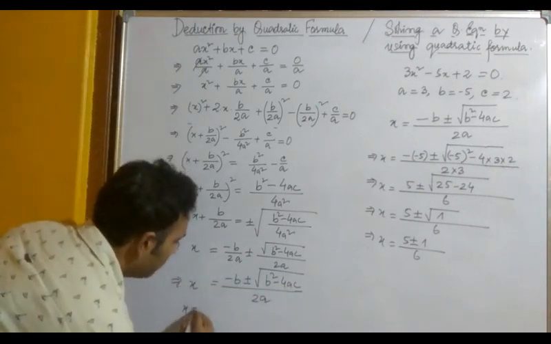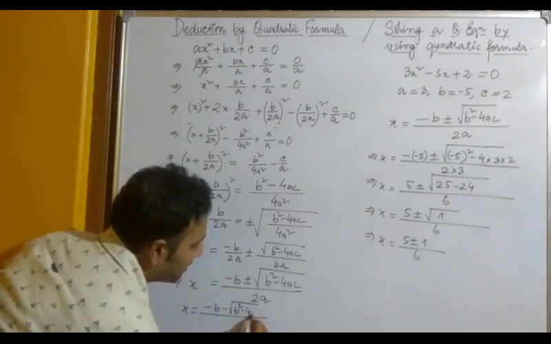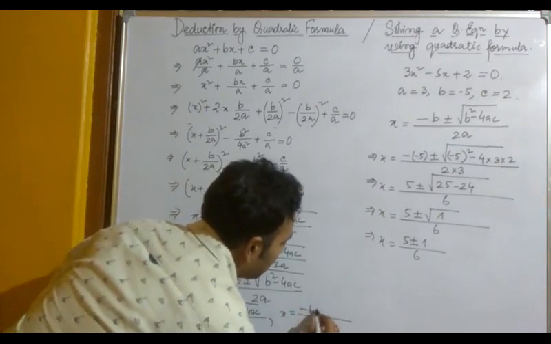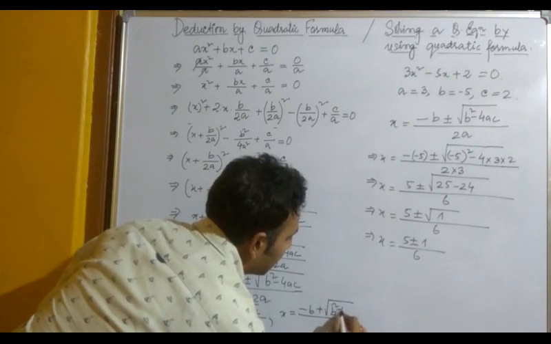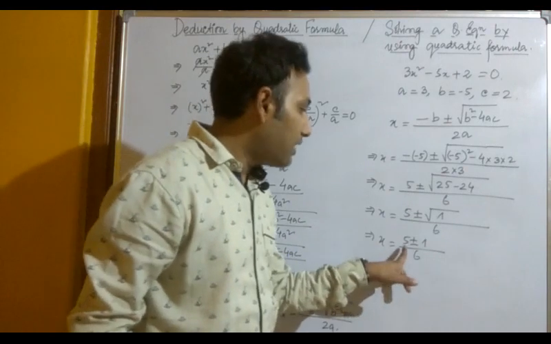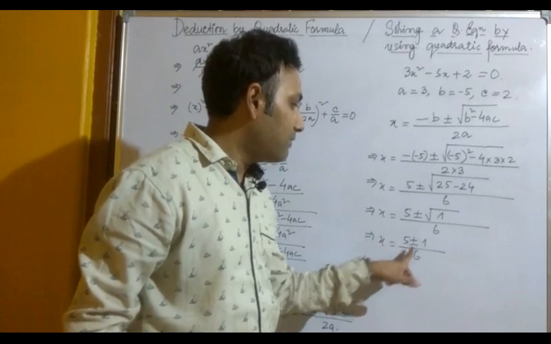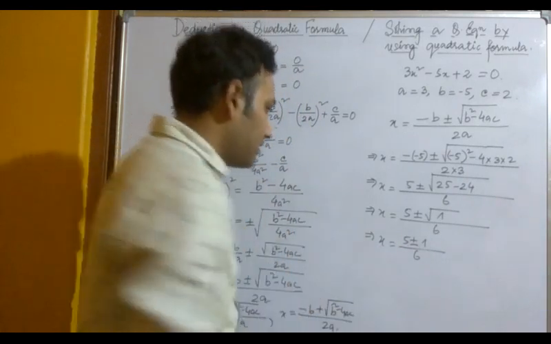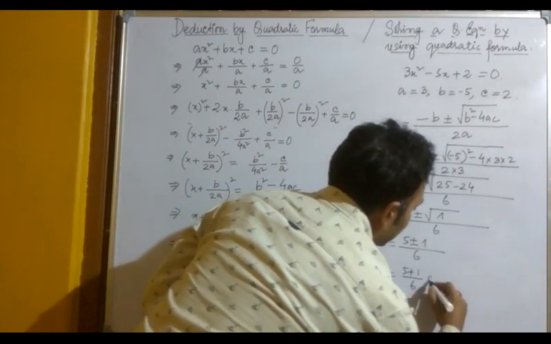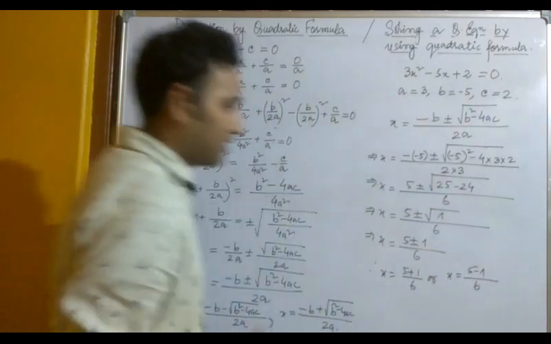So here also either x is equal to 5 plus 1 by 6 or x is equal to 5 minus 1 by 6. So two solutions. Therefore x is equal to 5 plus 1 by 6 or x is equal to 5 minus 1 by 6.